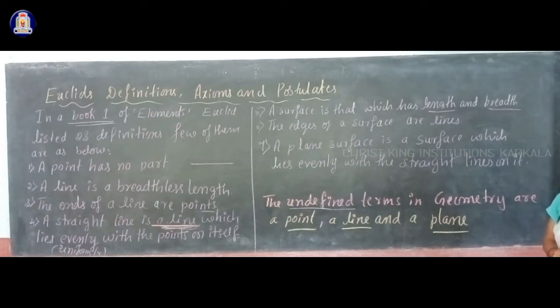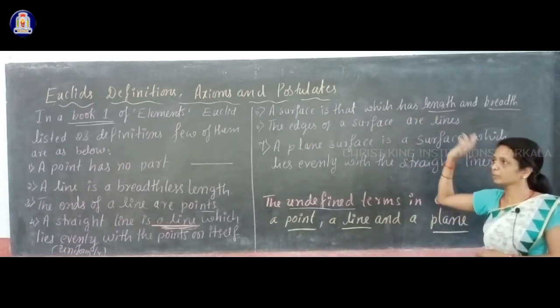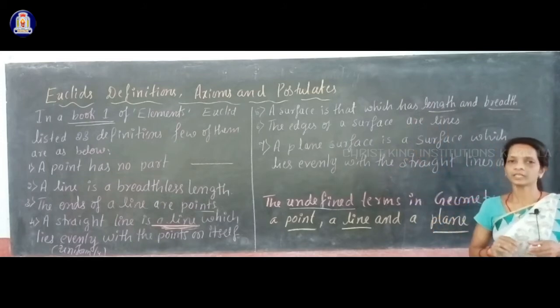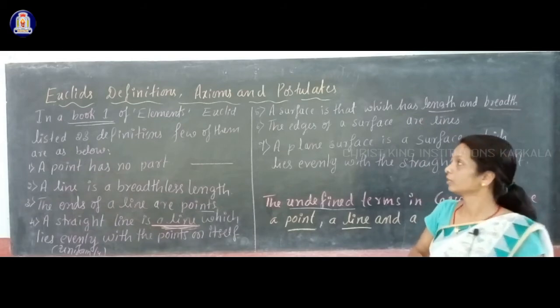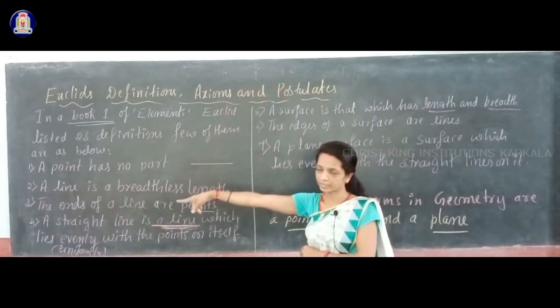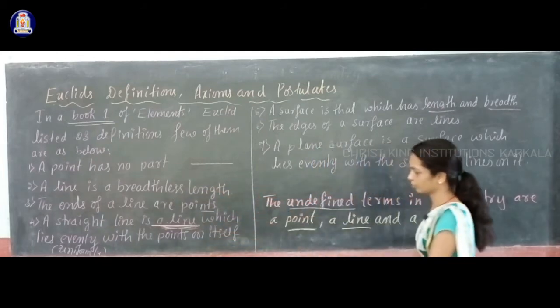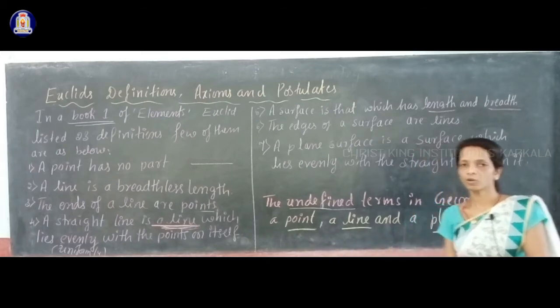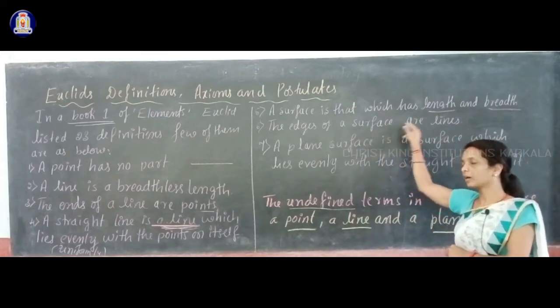And next, the sixth one: the edges of a surface are lines. For example, a board is a surface. If you see the edges of that board, the top edge is a line, the left side edge is a line, and the bottom edge is also a line. So the edges of a surface are lines.